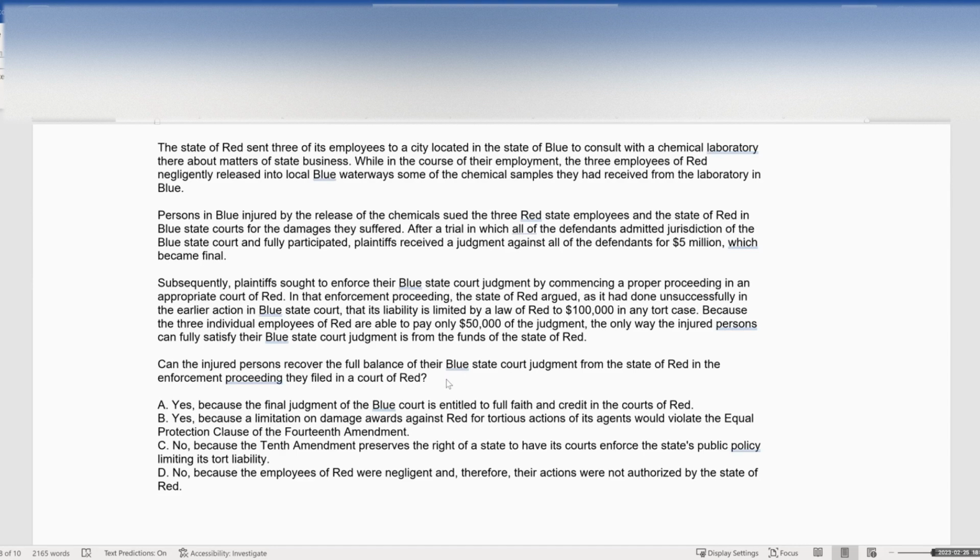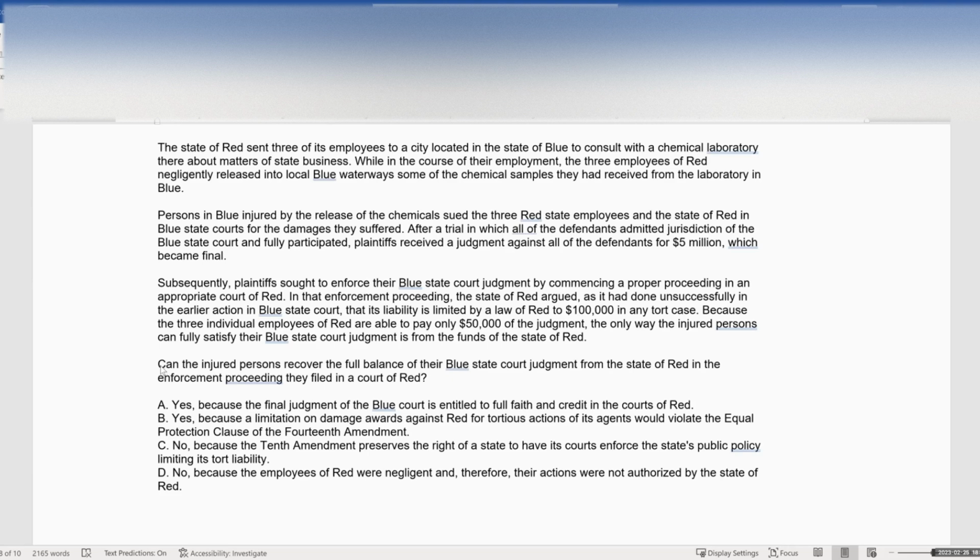So let's go ahead and start with going through the call of the question, then going through the answer choices and picking the correct answer, or eliminating as many of the answer choices as you can, and then going back up to the fact pattern if we need to. But as I will show you for this special question, you will unlikely need to actually look at the fact pattern if you have studied well.